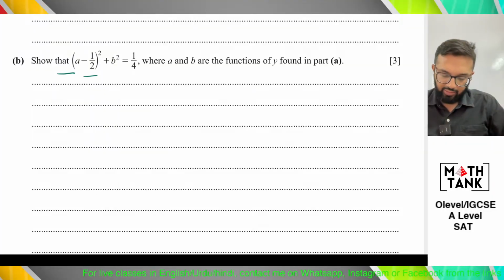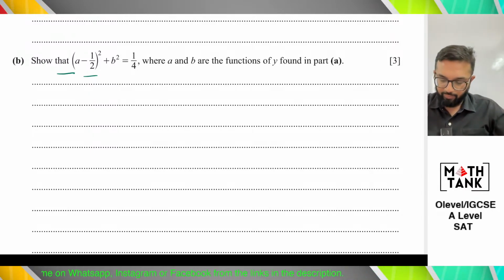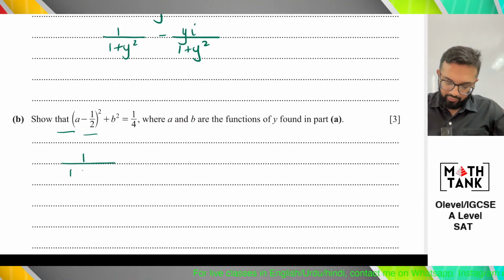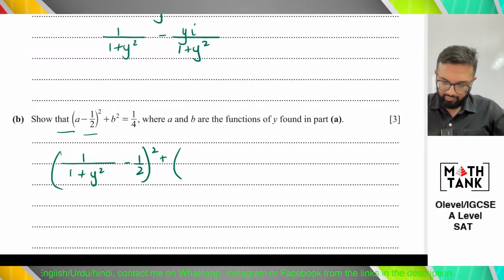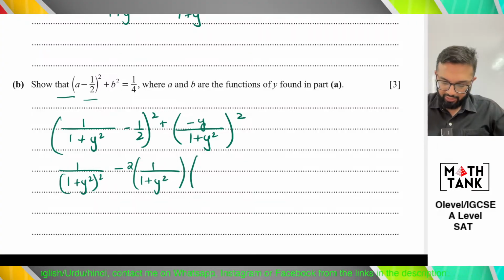It says show that a minus half squared plus b squared equals 1 over 4, where a and b are functions of y found in part A. Okay, without taking a common denominator, if I do this, this becomes 1 over 1 plus y squared, squared, a squared, minus 2ab plus b squared.